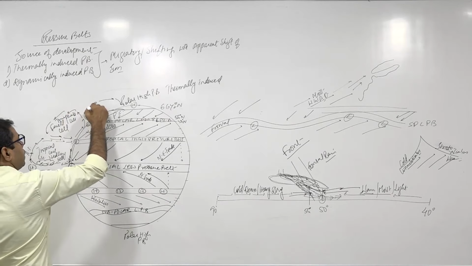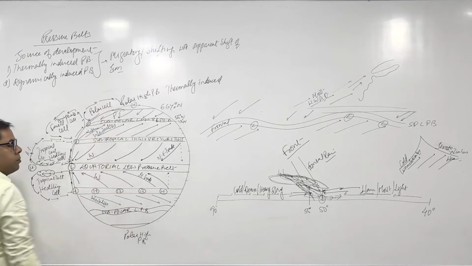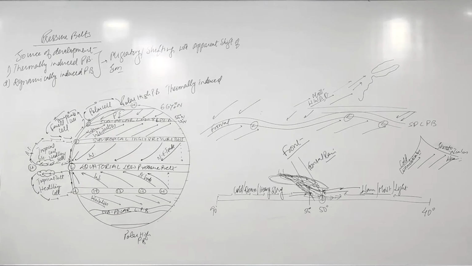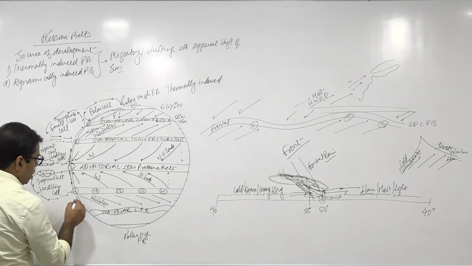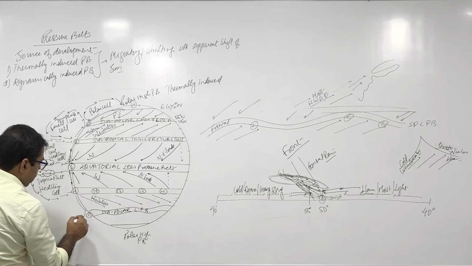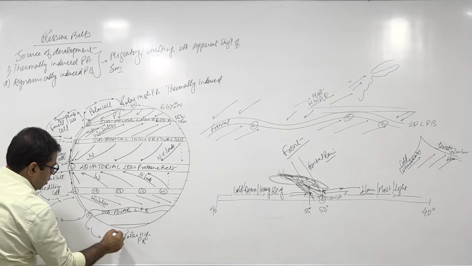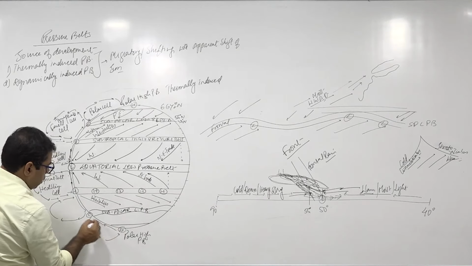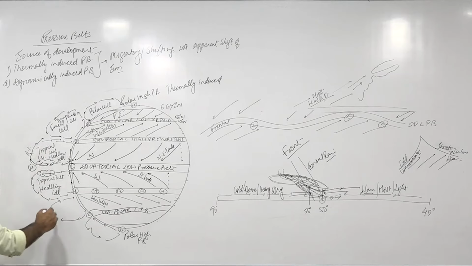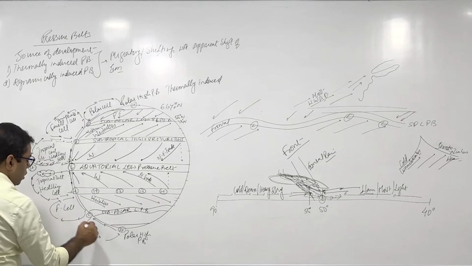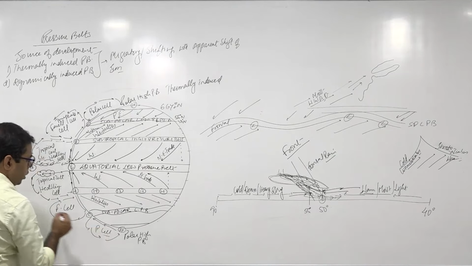This is called polar cell. So same there in the southern hemisphere also. So there will be high again. So this is Ferrel cell, this is polar cell. Am I clear?